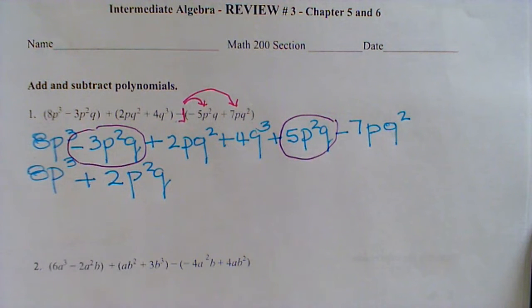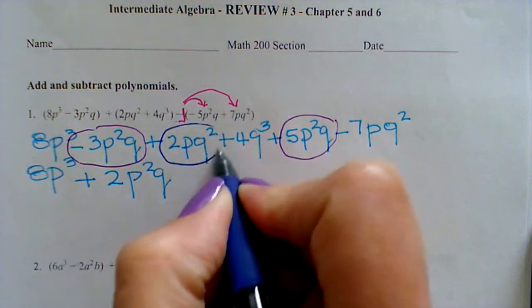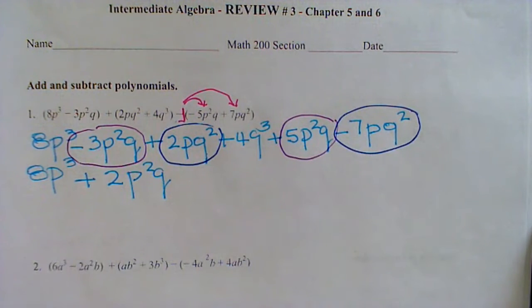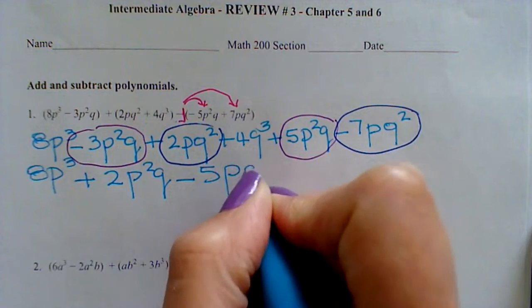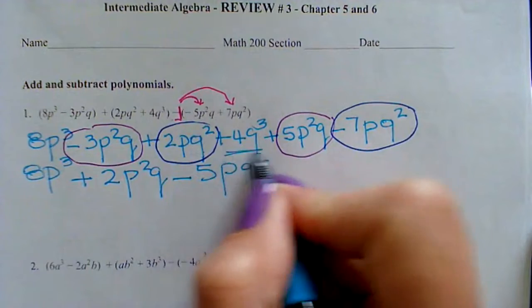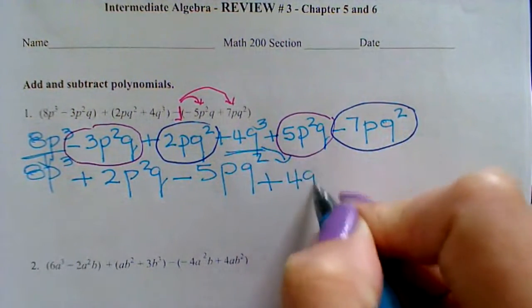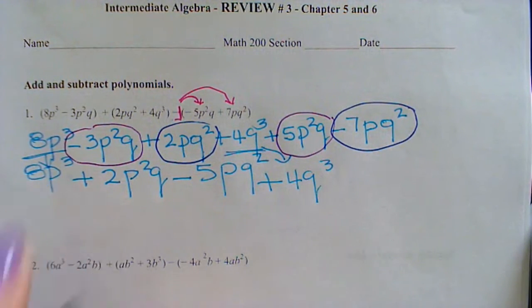Now, I have pq squared right here and right here. Positive 2, negative 7, so my answer is going to be negative 5pq squared. And don't forget this one that I didn't find. This one and this one, they come down because there's nothing to add to those. There's not another term, q to the third, or another term, p to the third. And that's it. We're done here.